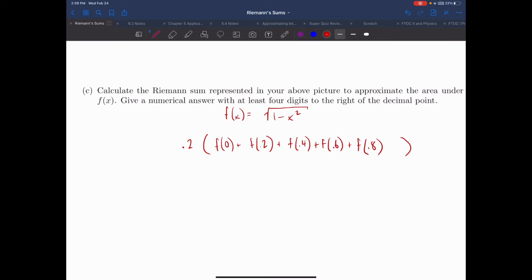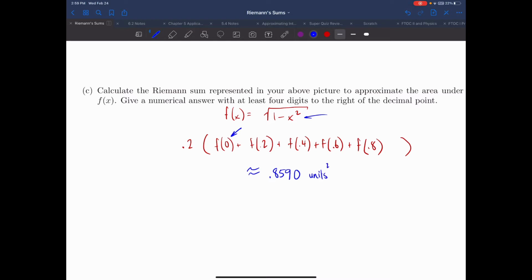To clarify, for f of 0, I'd plug a 0 into my function for x and get a value out. I've already calculated these to save a little time, and this comes to 0.8590. It says 4 digits, so I'll put a 0 there. I think it was probably a different number, but it's an estimate.